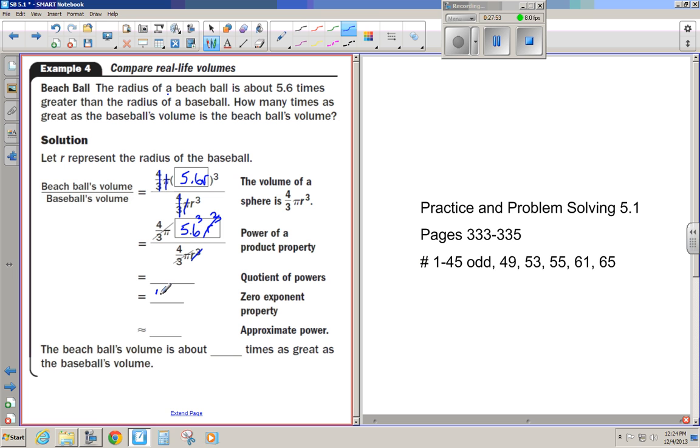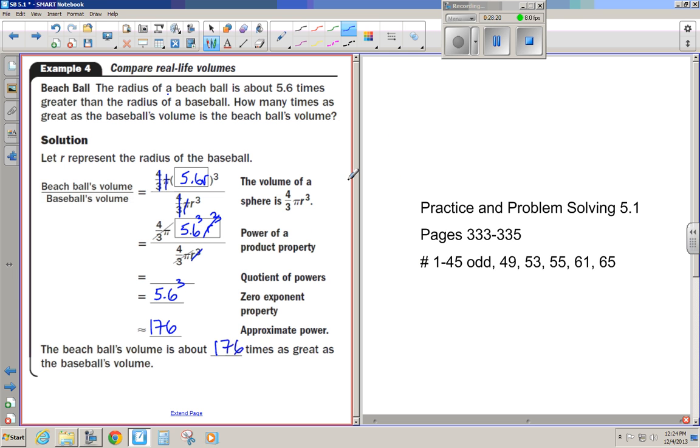And you end up with 5.6 cubed, which is about 176 times as great as the baseball volume.